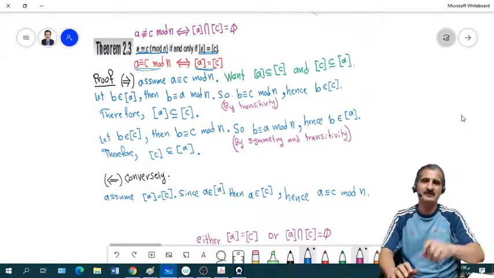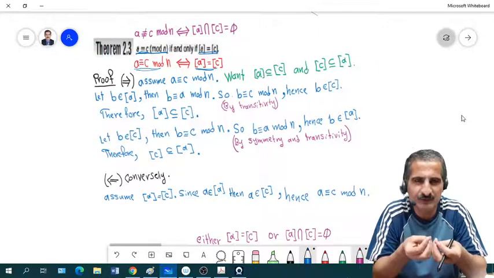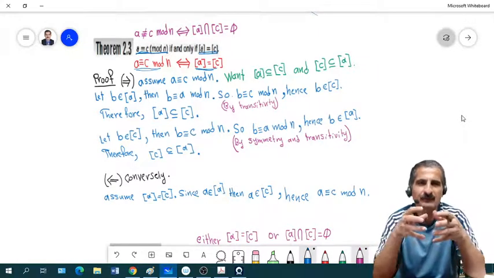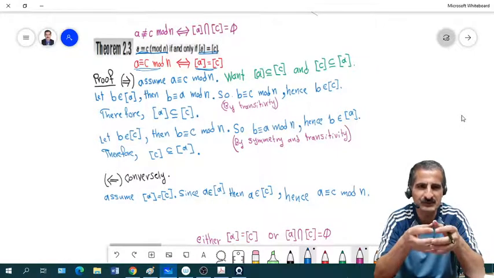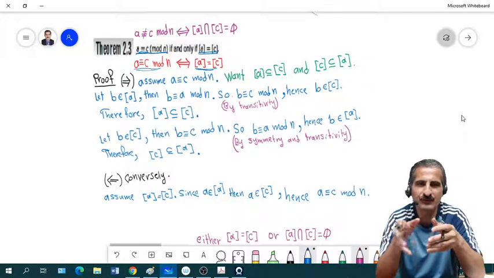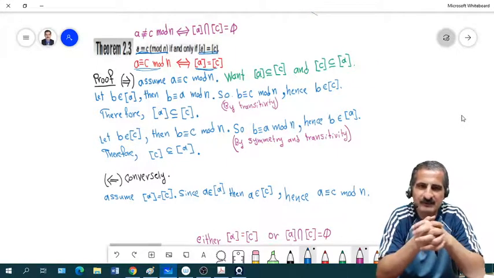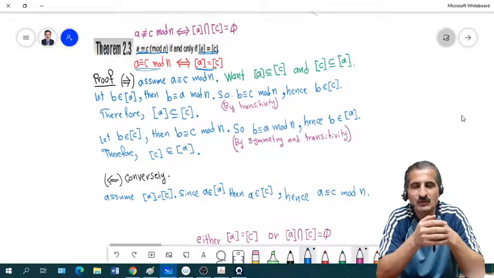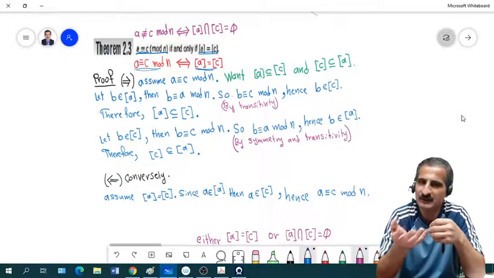Actually, in abstract algebra in general, to understand things, to comprehend them and feel comfortable with them, you need to put them in some statement that consists of words. I will do this for theorem 2.3. Two elements will have the same congruence class modulo n if and only if they are congruent modulo n.